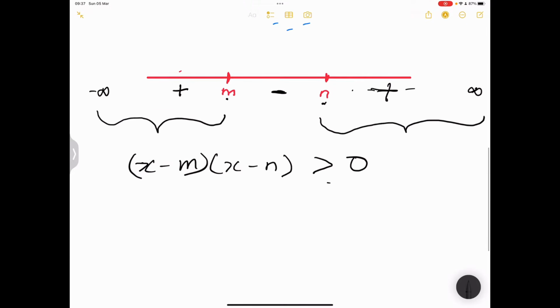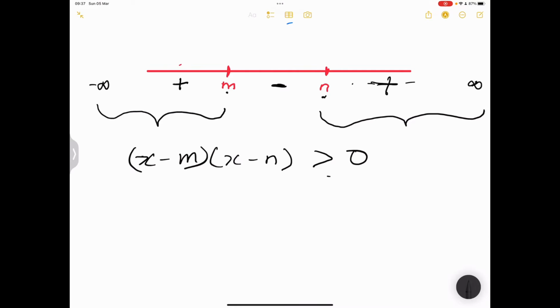So when we write down the solution here, we know that x would be an element of negative infinity. And remember, when you express this, negative infinity is never included. Why? Because infinity is never a definite value. So it will be all the way from negative infinity until m. But note, do we include m? No. Why?